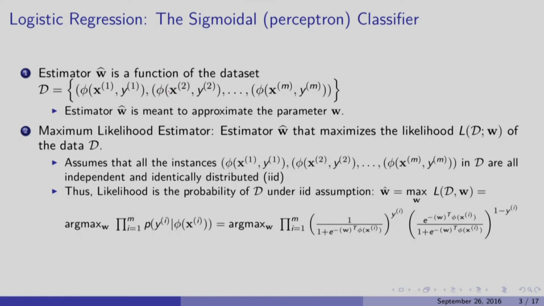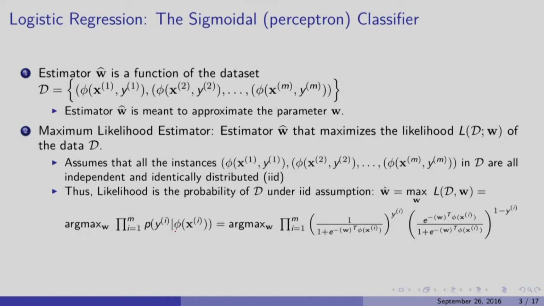Now, like before, we can find that w hat, an estimate w hat, which maximizes the likelihood. The likelihood is viewed as a function of the parameters given the data, and we want to find the parameters that maximize the likelihood of the data. So w hat is max over w of likelihood of the parameters given the data.